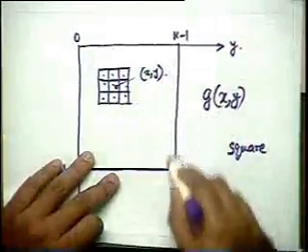Actually it should be specified clearly as local averaging, because you are not averaging the entire image.